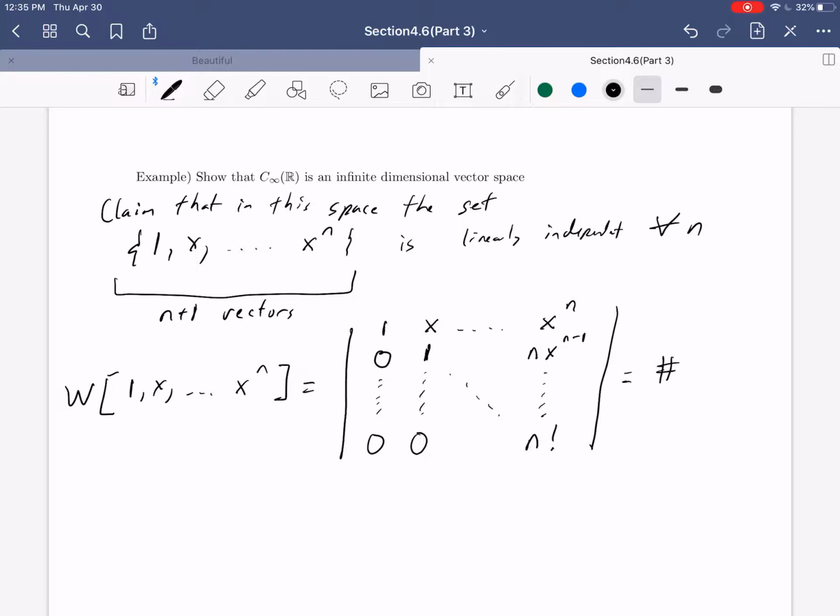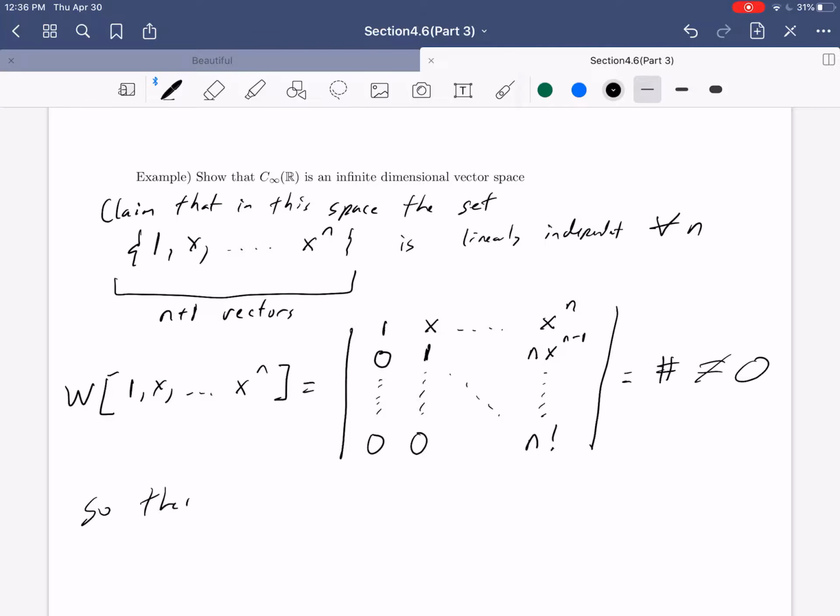Now, I don't know what that number is going to be. It's going to be a little bit messy. It's going to be like 1 times 2 times 3 times 6 times 24, so on and so forth, up to n factorial. So it's like a factorial of factorials. But the point is it's a number, and it's not equal to 0.